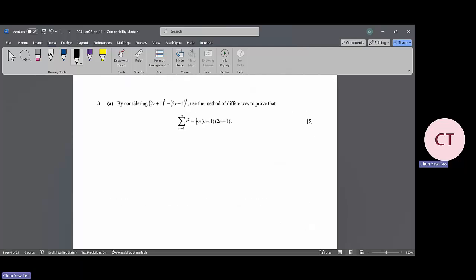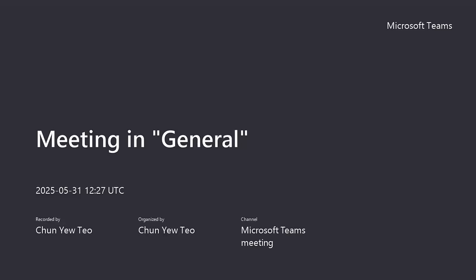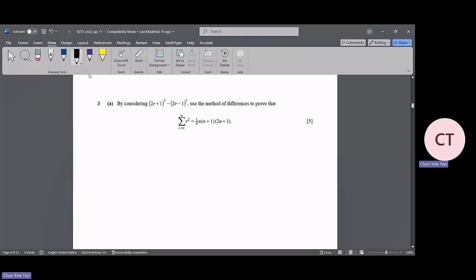We have question number 3. By considering the expressions over here, use the method of differences to prove this formula. So what you need to do is just follow the instructions. (2r plus 1) cubed.